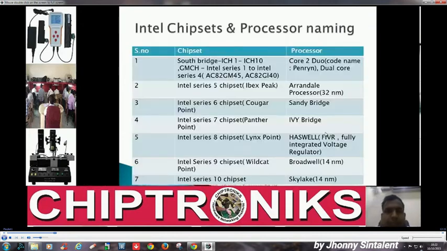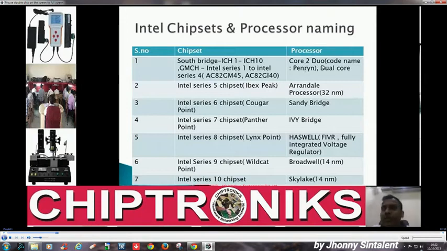So, Intel chipsets and processor naming. This is a very interesting table, and I request everybody to print out this slide and keep it wherever you are trying to repair. Because suppose in a schematic diagram the processor is written as Penryn. Penryn means Core 2 Duo processor.